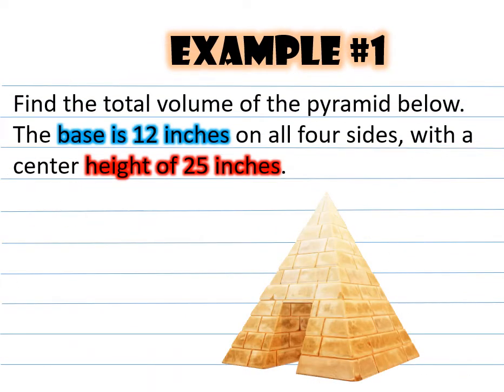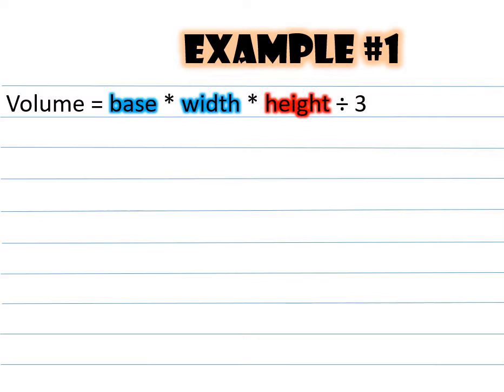Example number 1, find the total volume of the pyramid below. The base is 12 inches on all 4 sides with a center height of 25 inches. So we're going to write down the formula. Volume equals base times width times height divided by 3. They mentioned in the story that the base and the width were 12 inches. It's 12 inches on all 4 sides.